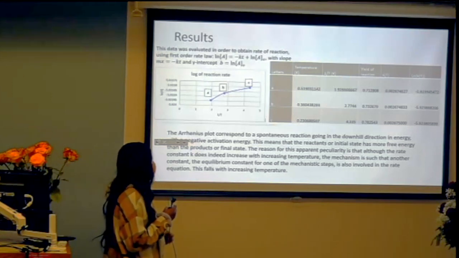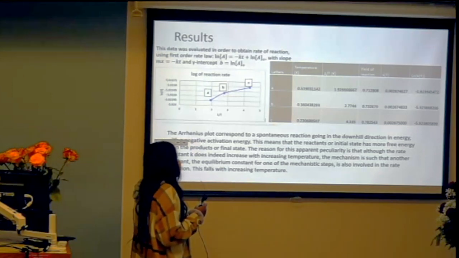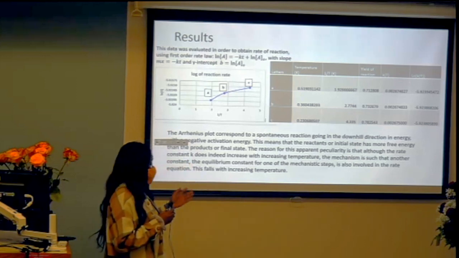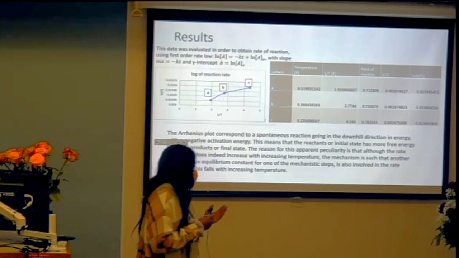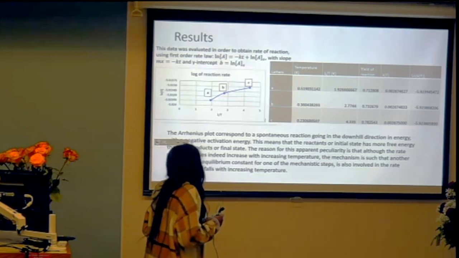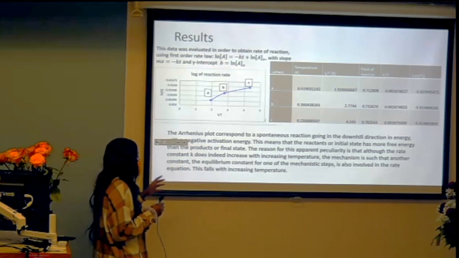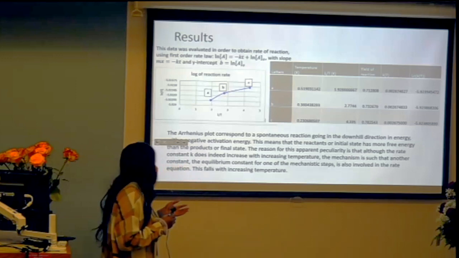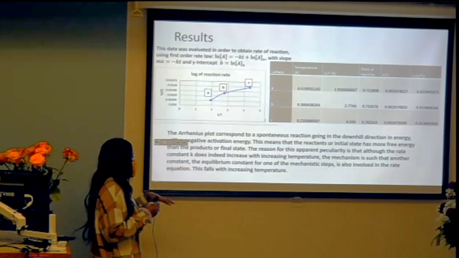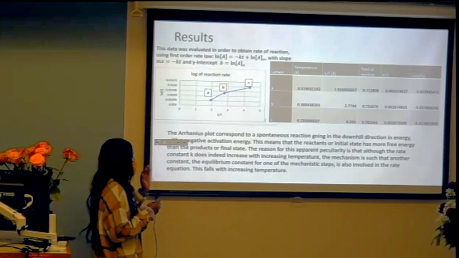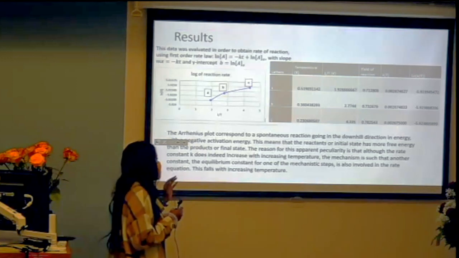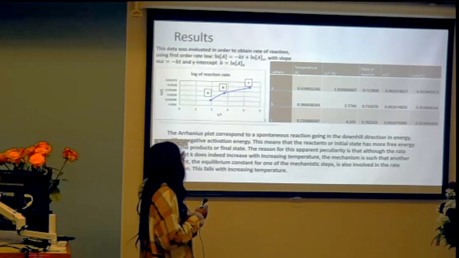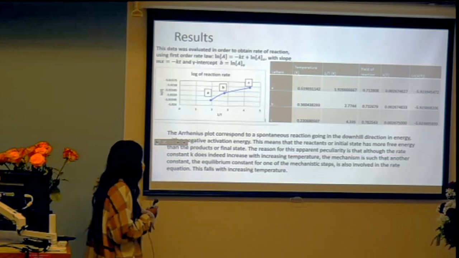This means that the reactants have more free energy than the products, although this is an unusual case. The reason why this might happen is maybe because another constant, the equilibrium constant, is also inputted at the same time. That's why we see that we have a negative activation energy.